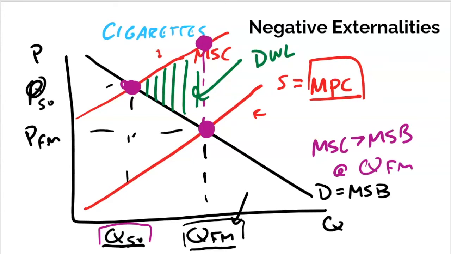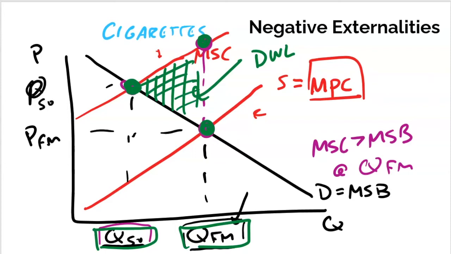The reason that's deadweight loss is because at this free market quantity, too much is being produced. Our marginal social cost is greater than our marginal social benefit. Society wants the socially optimal quantity, where MSB equals MSC. And so that's why this green triangle is our area of deadweight loss.